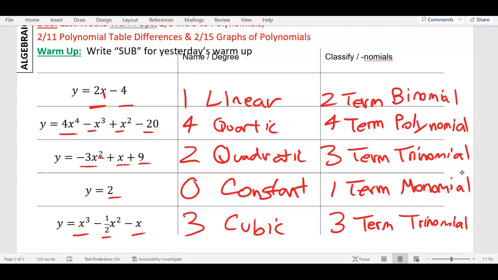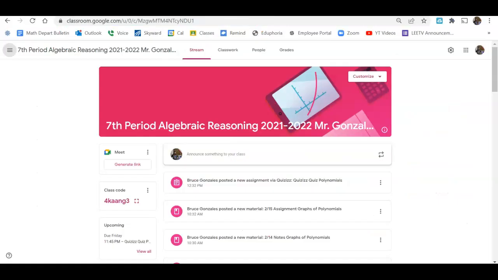I'd like to explain what we're doing next. Everybody, what we're going to do next is on your Google Classroom. If you should be part of my Google Classroom, everybody. If for some reason you're not, the code's right there, so there's no excuses.